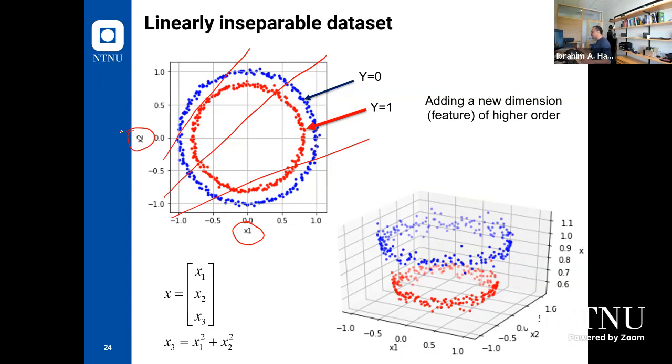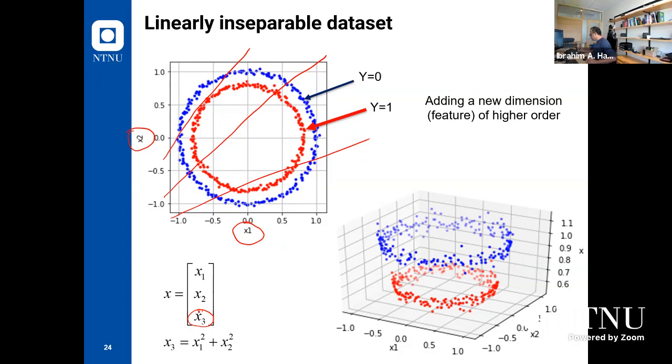But maybe if we add a new feature, x3, for example x1 squared plus x2 squared, or maybe x1 times x2, it can represent the interaction or higher order feature.